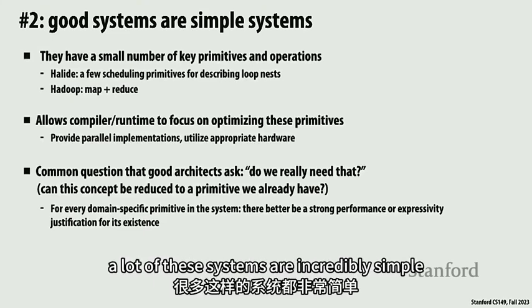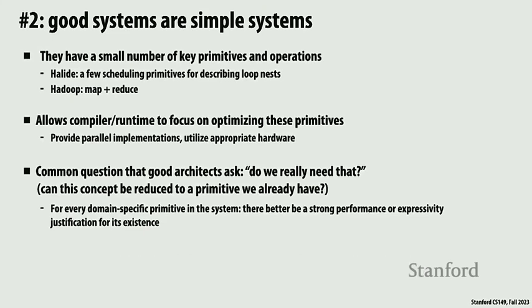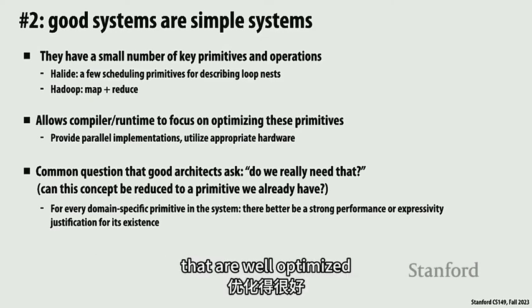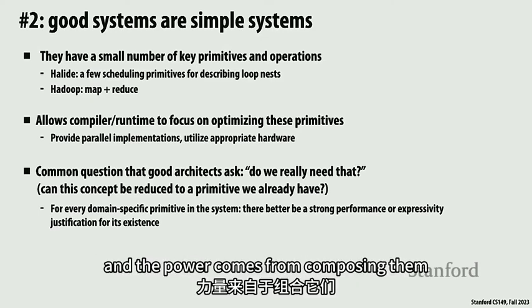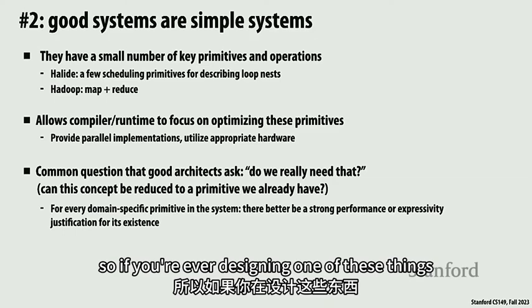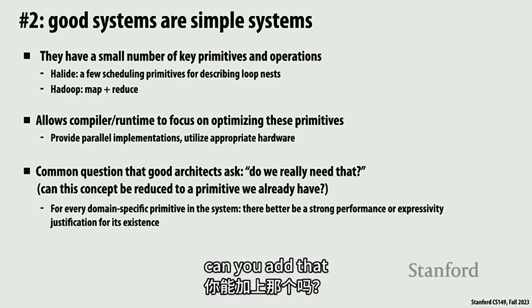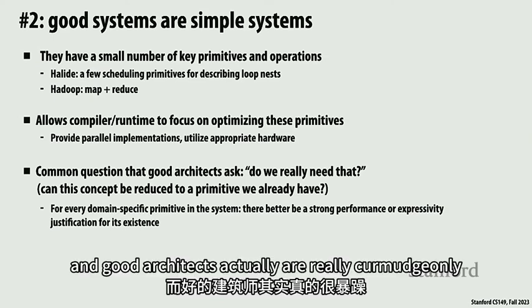And then the other thing is that a lot of these systems are incredibly simple. Good systems tend to have only a couple of primitives that are well optimized, and the power comes from composing them. So if you're ever designing one of these things, people are going to come up to you and say, hey, can you just add this? Can you add that? And good architects actually are really curmudgeonly.